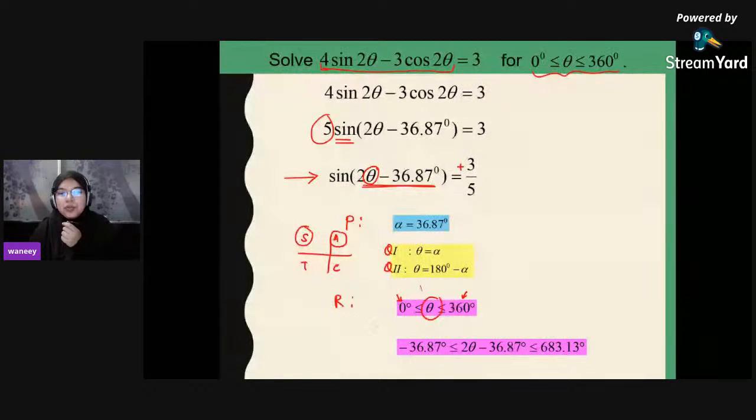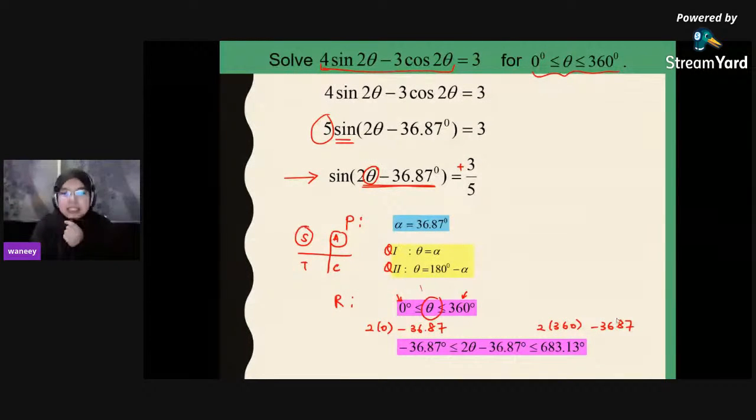So we got 2 times with 0 minus 36.87. So it will become negative 36.87. Over here, we got 2 multiplied with 360 minus with 36.87. So it will become 683.13.